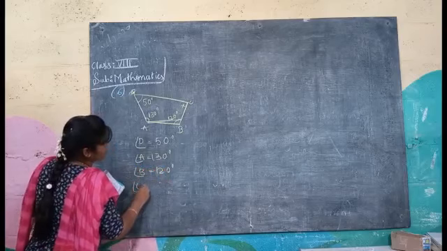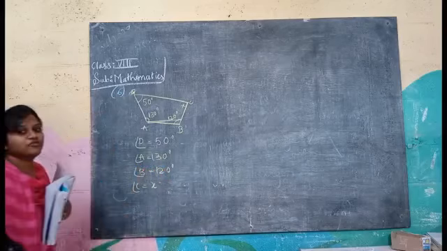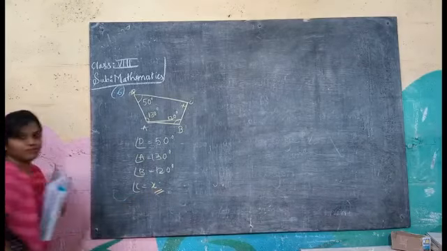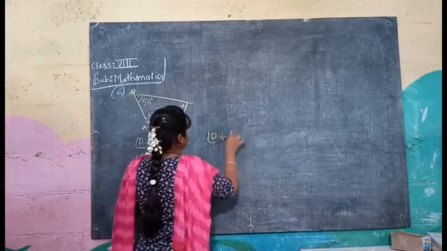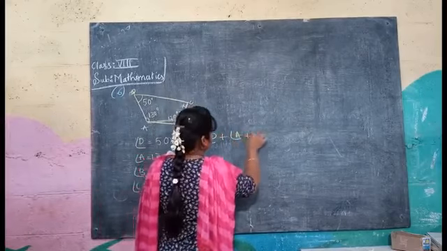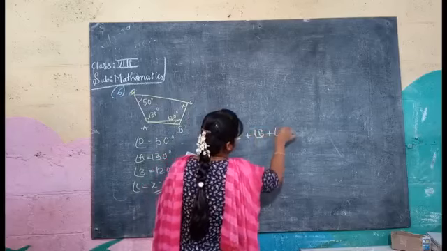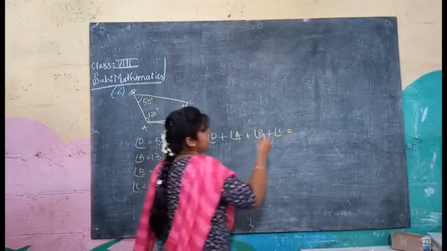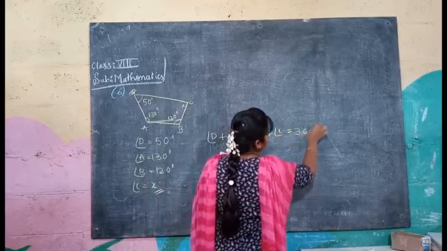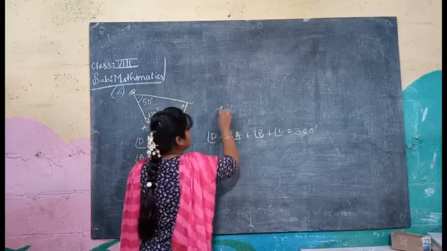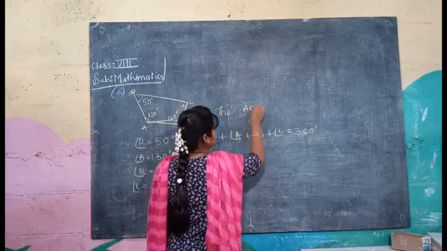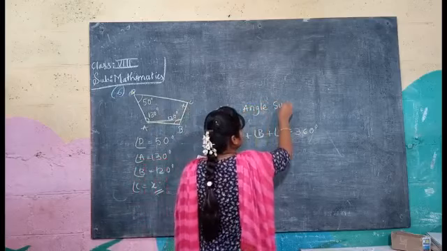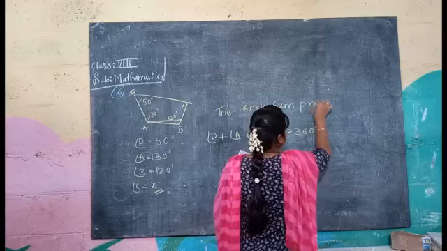And angle C is equal to x. We have to find out the angle C. We don't know that. Now what we have to do? Angle D plus angle A plus angle B plus angle C is equal to 360 degree. The formula of the angle sum property.